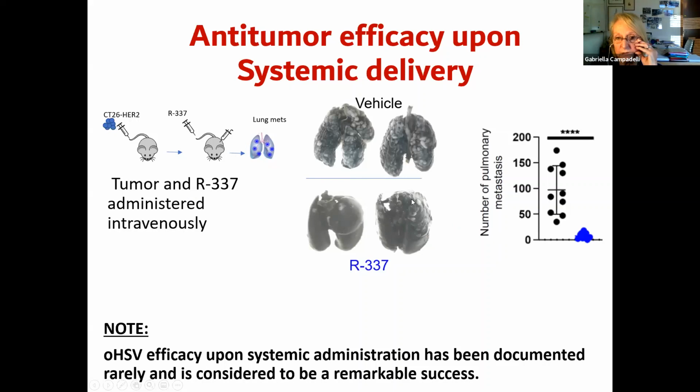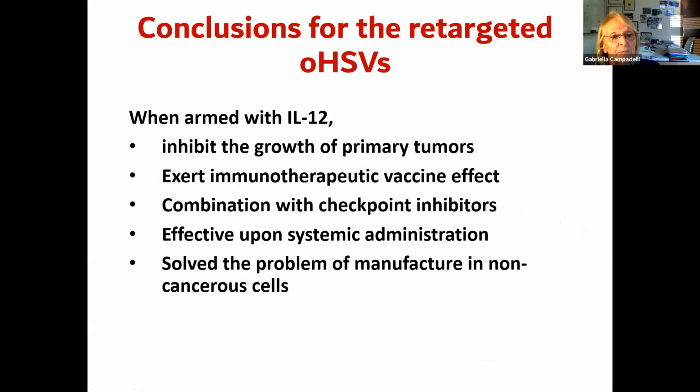So they are spared or there is a decrease, and this is the quantification of the decrease. The efficacy upon systemic administration of an oncolytic virus has been documented rarely, and I think it can be considered a very good result.